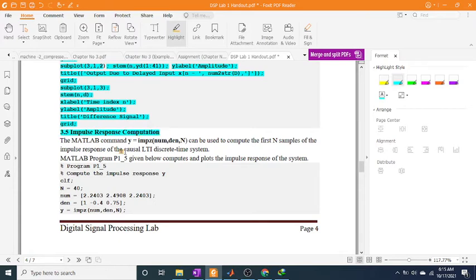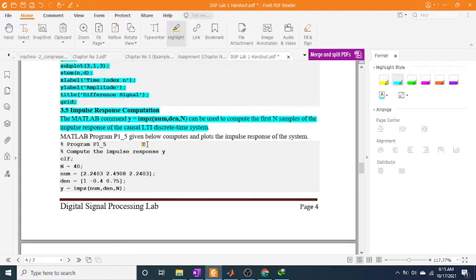3.5 Impulse response computation. The MATLAB command y = impz(num,den,N) can be used to compute the first N samples of the impulse response of a causal LTI discrete time system. MATLAB program P1_5, given below, computes and plots the impulse response of the system.